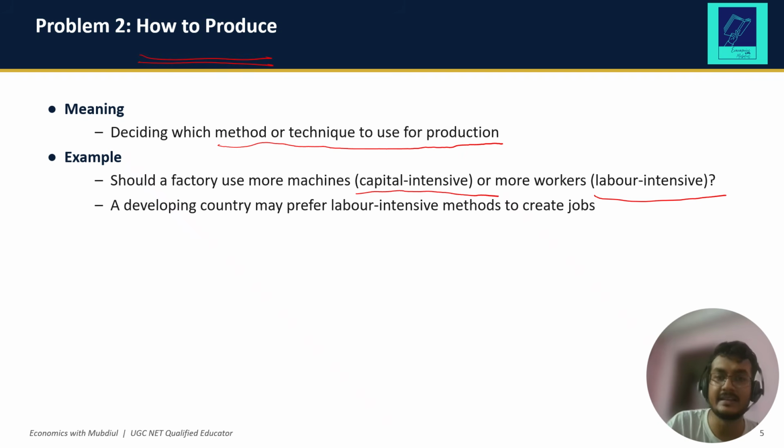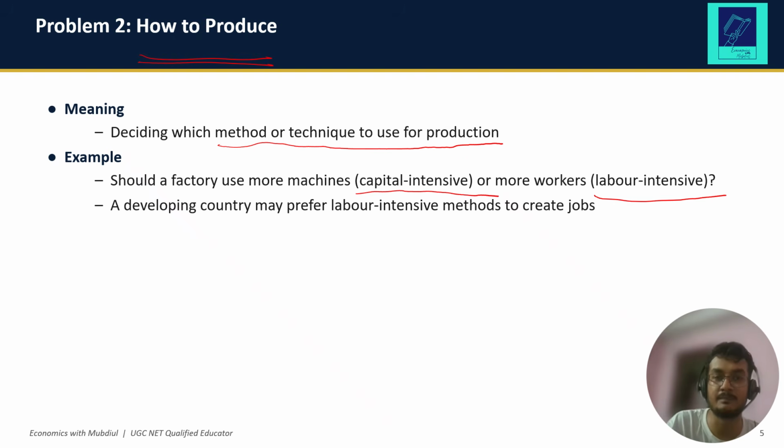A capital intensive method, on the other hand, relies more on machines, equipment, automation, and technology. Imagine another garment factory. Instead of hundreds of workers performing every task manually, it uses sophisticated machines and automated systems. That's capital intensive production.